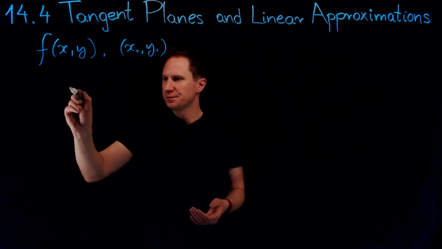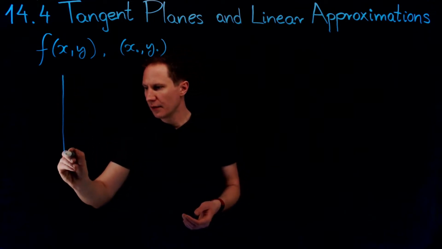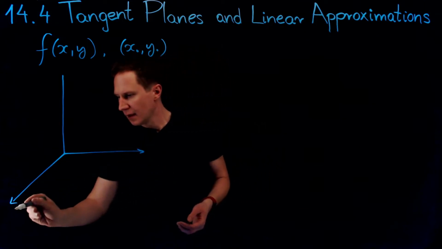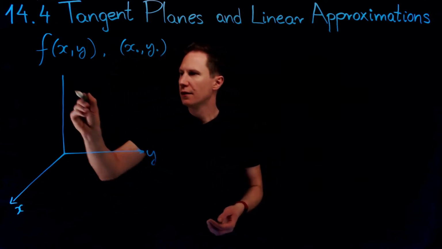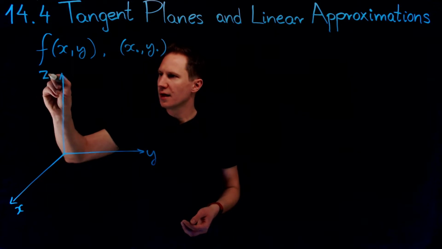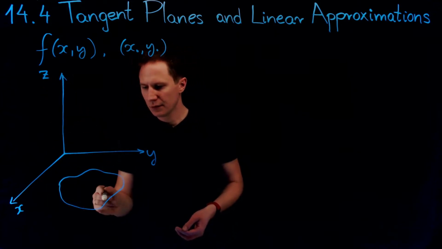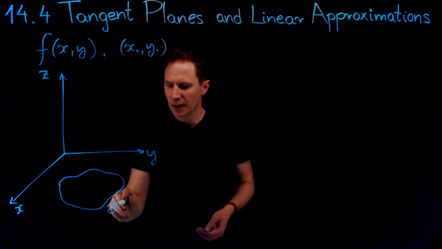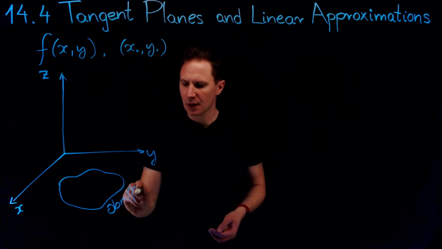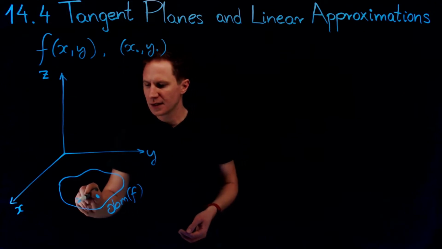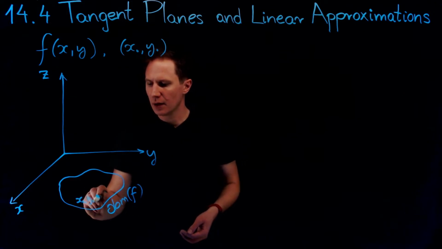So imagine that we have the usual 3D coordinate system with the axes x, y, and z, and let's imagine that the domain of our function is something like this in the xy plane. That's where we have this point with coordinates x0, y0.